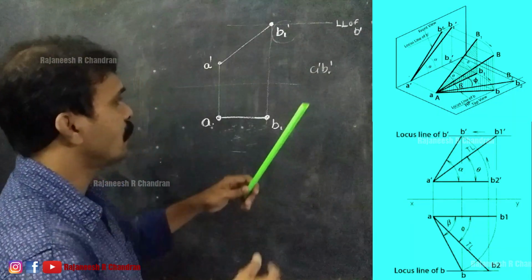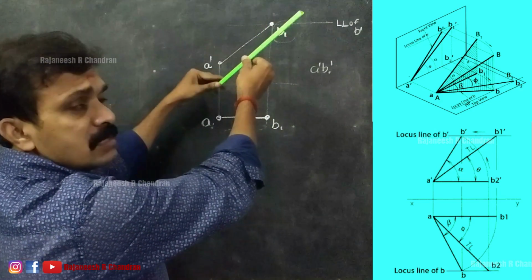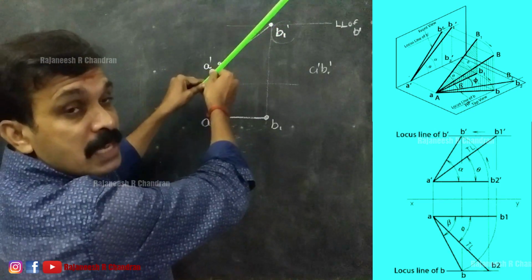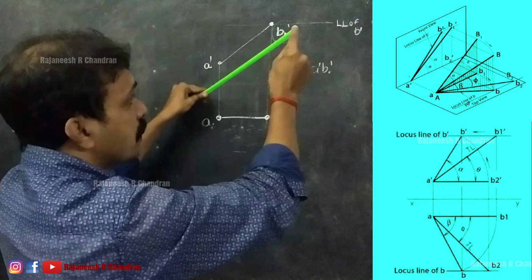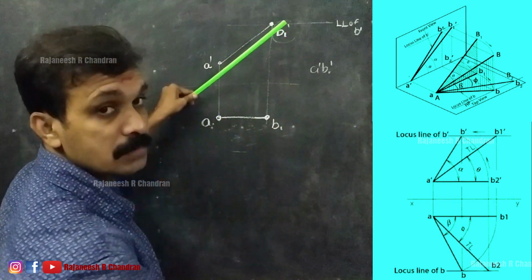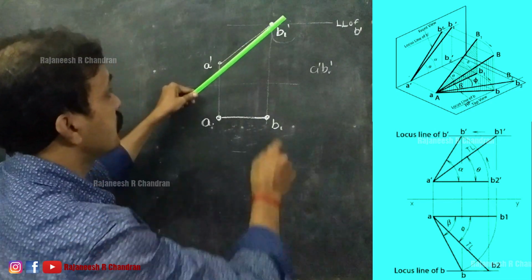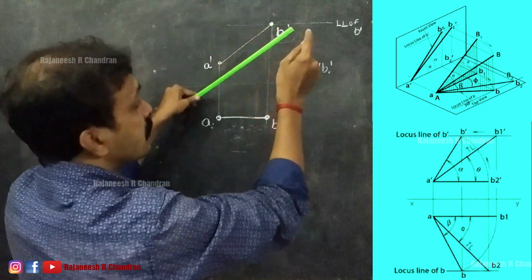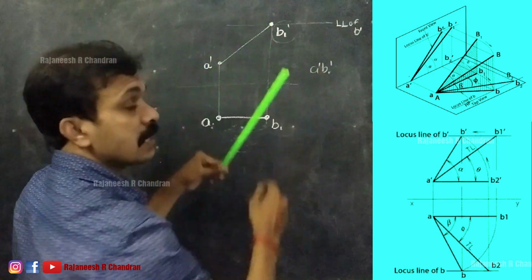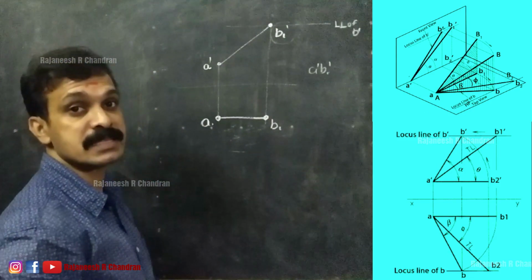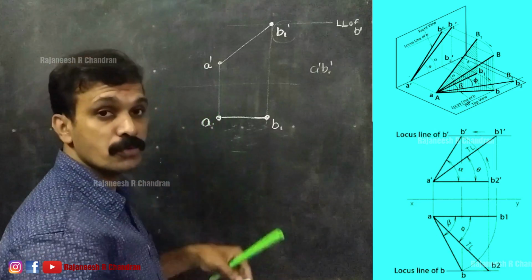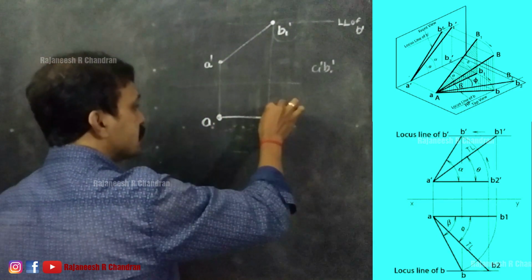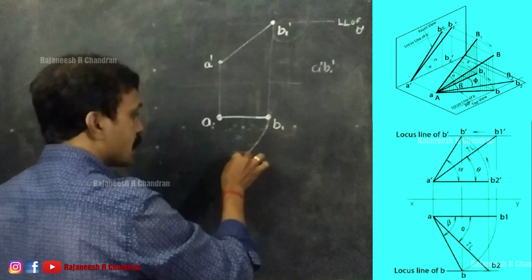So if this is the position of the line, keeping this point fixed, we can rotate this line and make this line parallel. So as I told, in this position we can see that the point can be moved along the line. That line is known as the locus line, and at the same time in the top view we can see that keeping this point as center, this projection produces an arc like this.